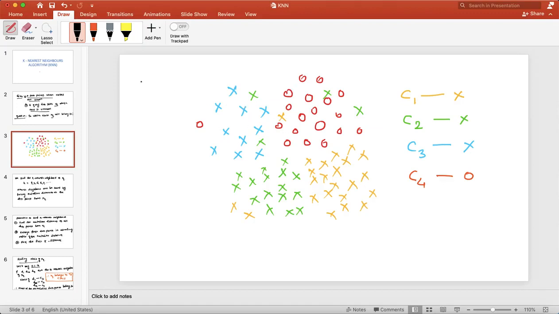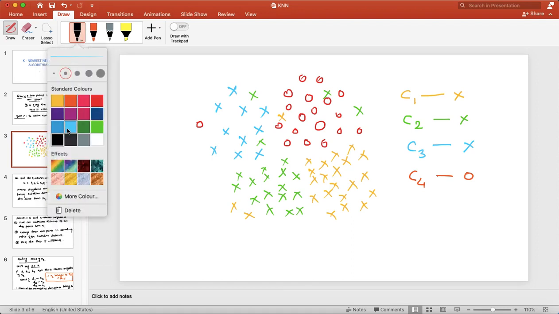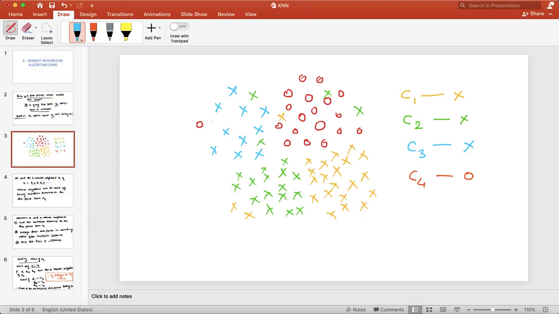Now, let's say this is the data point XQ. The question is, to which class out of these 4 classes will this XQ belong? The class of XQ is unknown, so we are asked to find the class of XQ. That's the problem statement here.